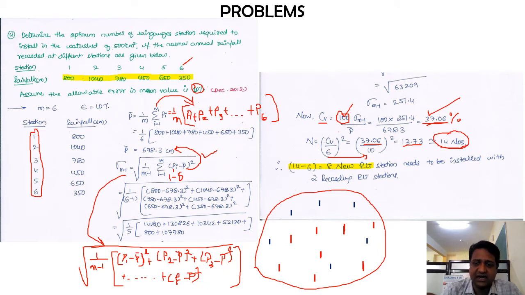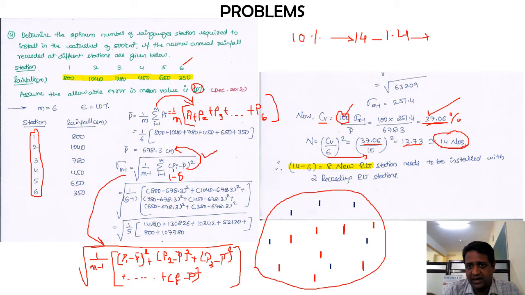Keeping that in mind, and with the theoretical aspect we have covered, what it recommends is that 10% of the rain gauge stations should be of recording type. Based on that, in total we have 14, and 10% of that is 1.4.